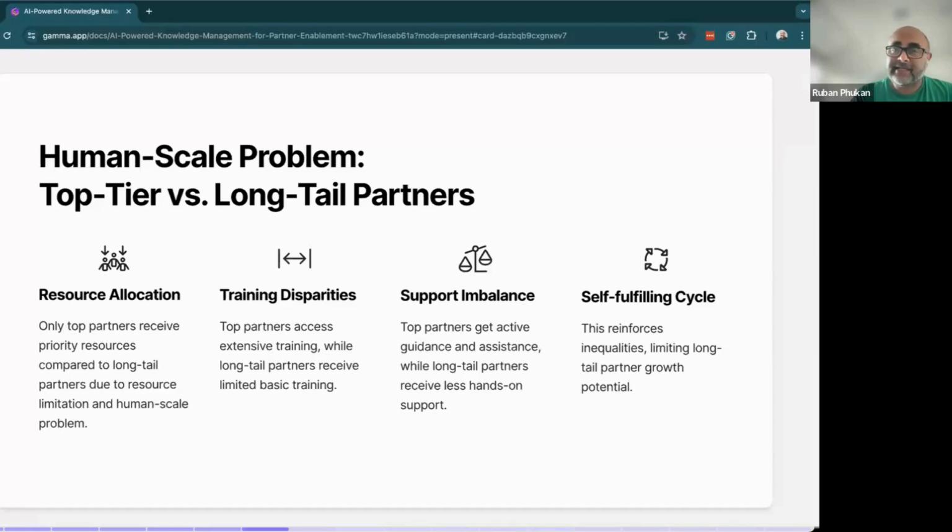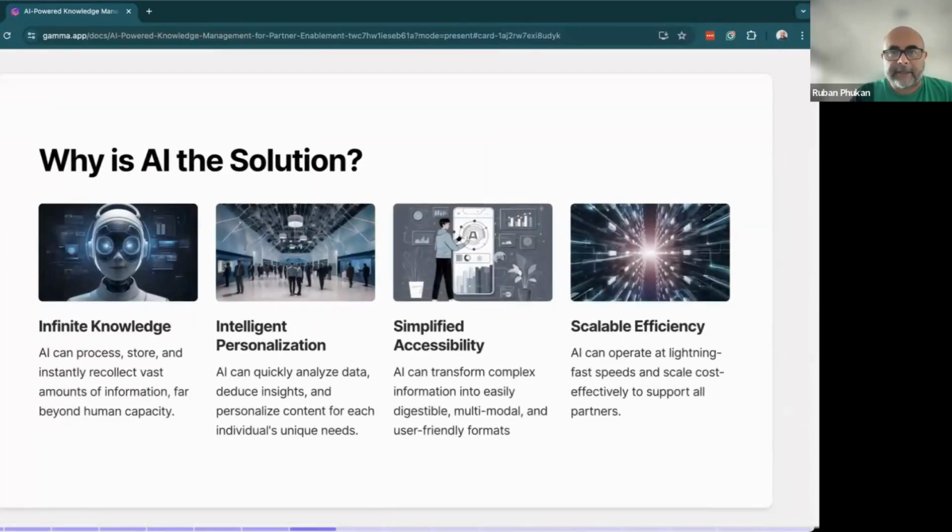Now, here is what AI can solve. AI is essentially good at solving human scale problems. First and foremost, AI can help deliver personalized service for the long tail itself. It may not be at the level of what a human support professional can offer to partners, but it can come closer. The reason it can do that is that AI is essentially an infinitely large knowledge system.